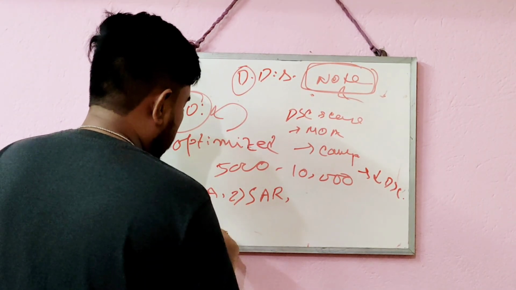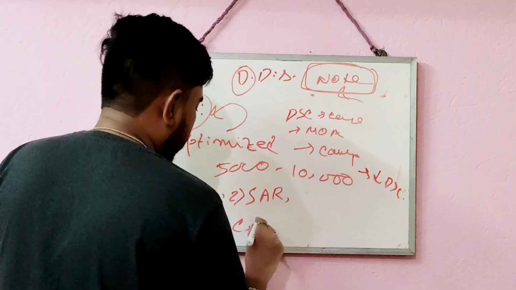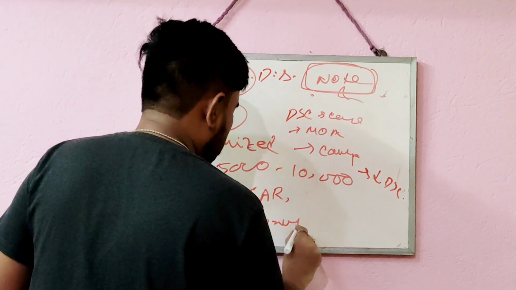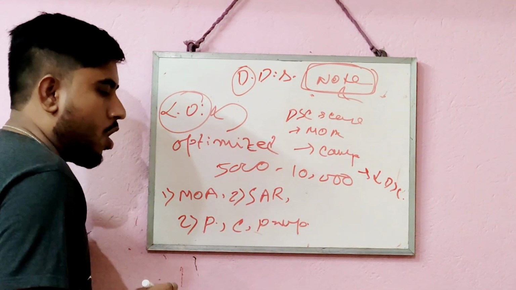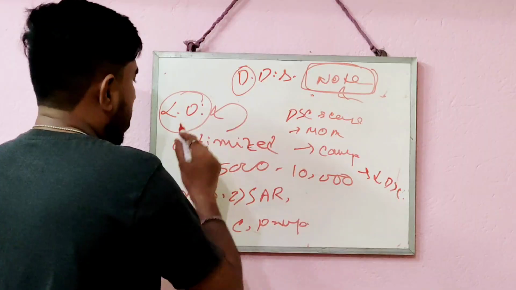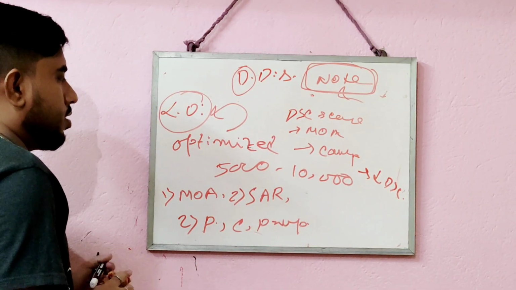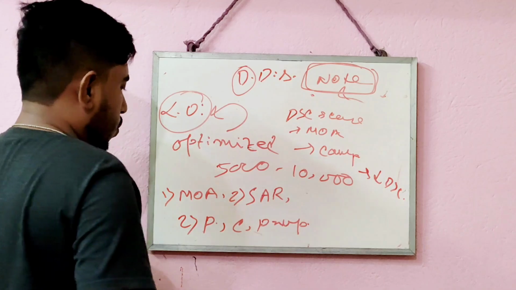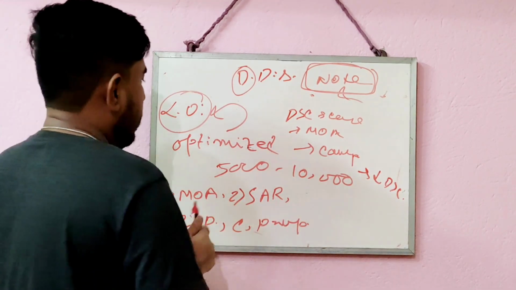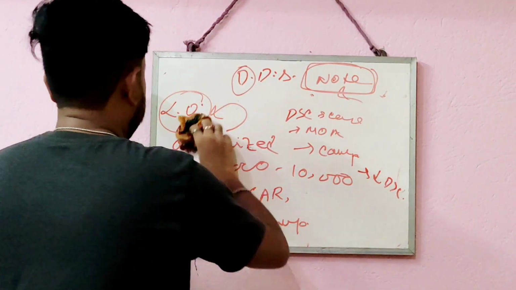Third is what are the pharmacokinetic and physicochemical properties of that specific compound. All that we have to study and check in the lead optimization step, and that is its main purpose.